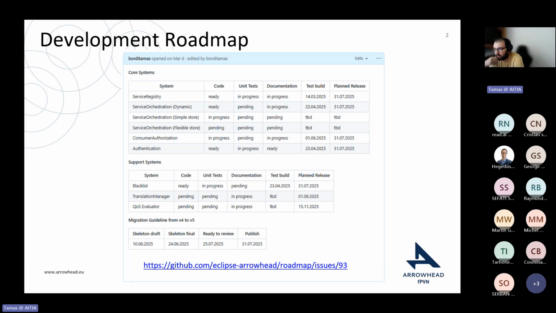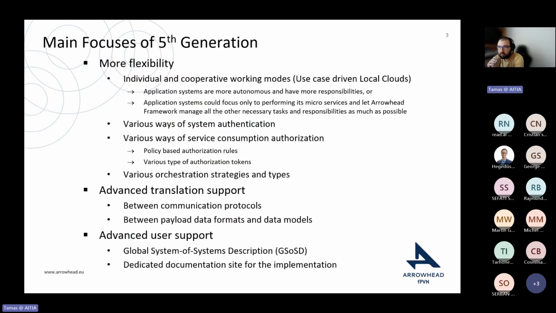We plan to have this guideline at least ready to review within July, end of July. So this is our roadmap. This is what we try to keep. And I would like to continue my presentation.